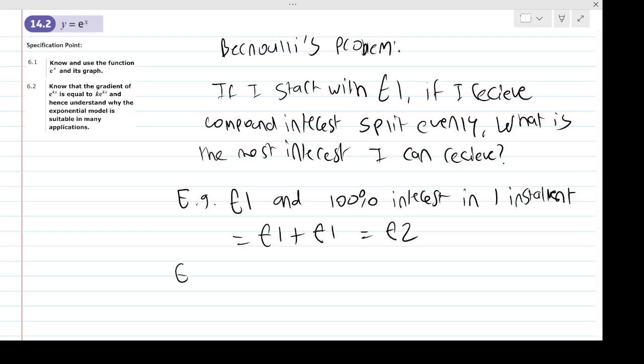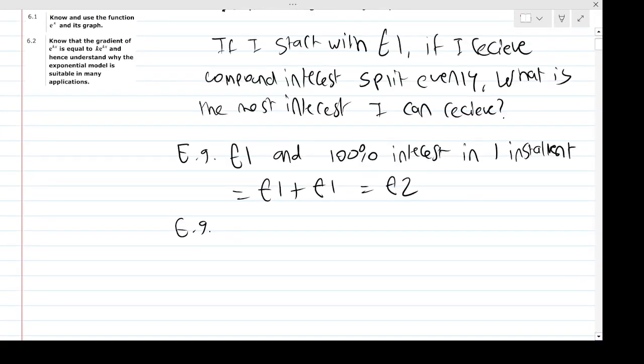Now what if I split up the installments into two? I'm splitting this 100% interest in half, so that's 50% in two installments. So I get 50% more two times.